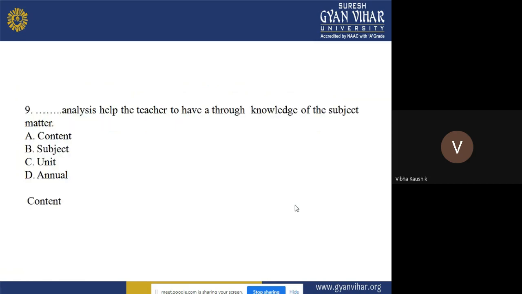Now the ninth one, dash analysis helps the teacher to have a thorough knowledge of the subject matter. Now the options are A content, B subject, C unit, or D annual.